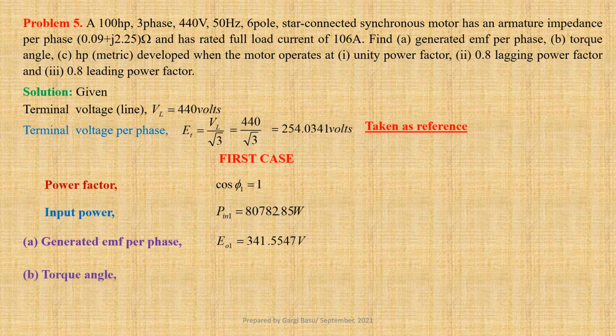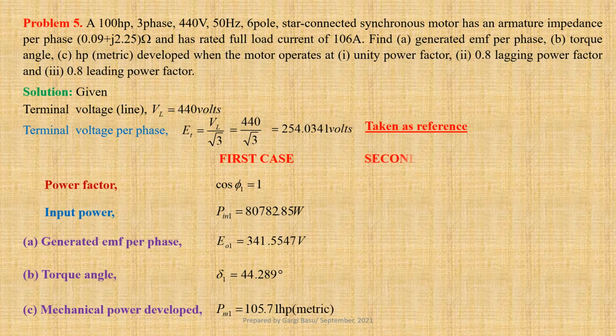Torque angle delta 1 equals 44.289 degree and mechanical power developed PM1 equals 105.71 HP metric.